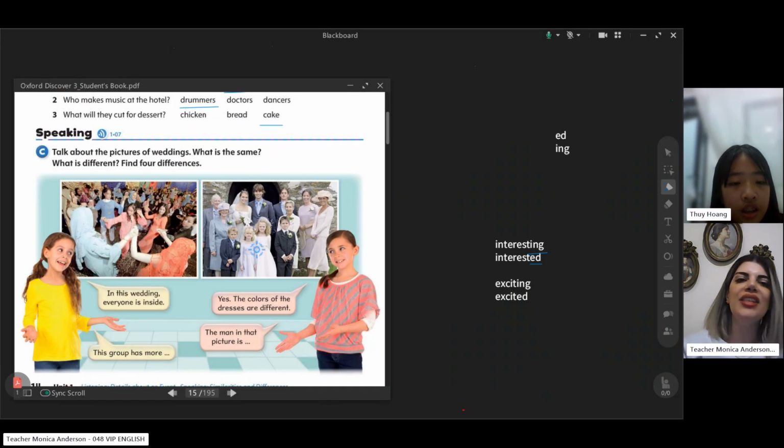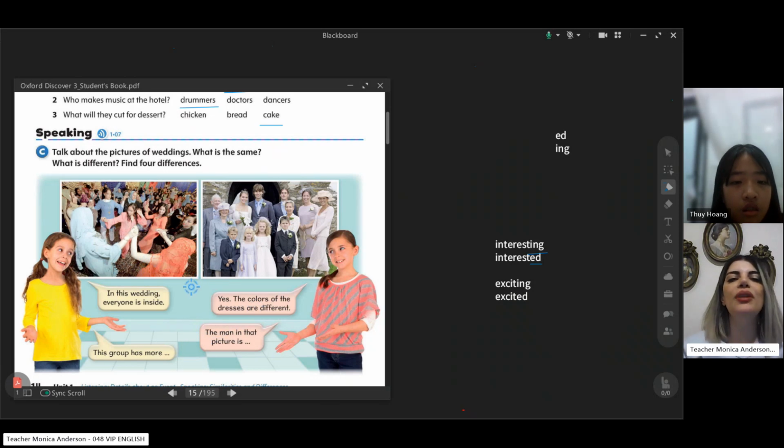Wow. Look at these two pictures. Okay, of course, there are two pictures of weddings. And tell me what is the same in these two pictures and what is different? So let's find similarities and differences.